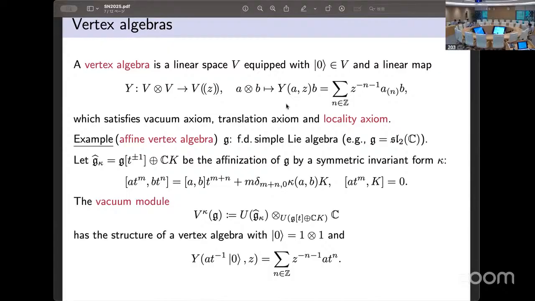I'm very confused. So, okay, you can understand a vertex algebra as a linear space V equipped with infinitely many products A_n B. You can understand vertex algebra in this way.